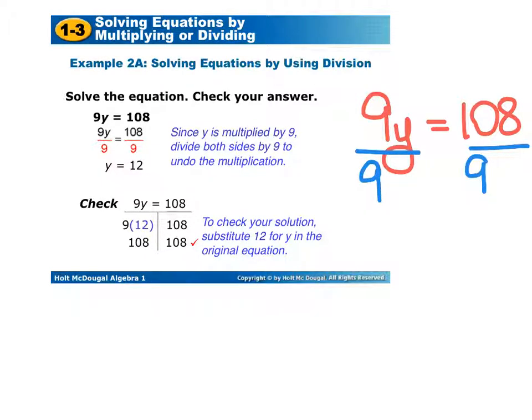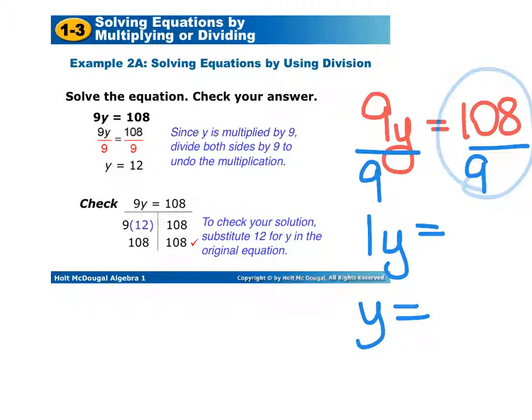What is 9 divided by 9? It's 1. So really, I'm left here with 1y. Again, I don't need to write the 1. It's assumed. And then now I have to divide this side to get my final answer. I will put the 108 in my division box and the 9 outside.